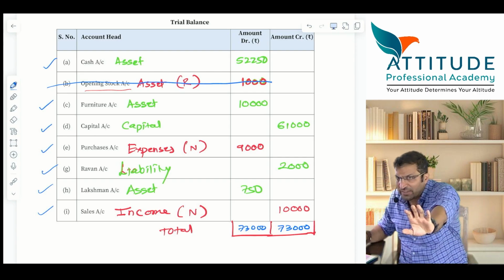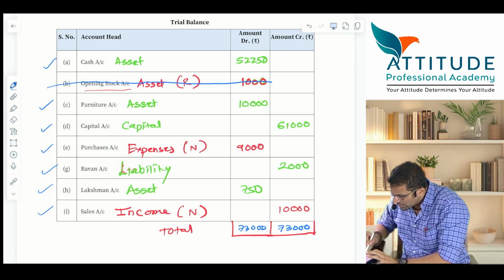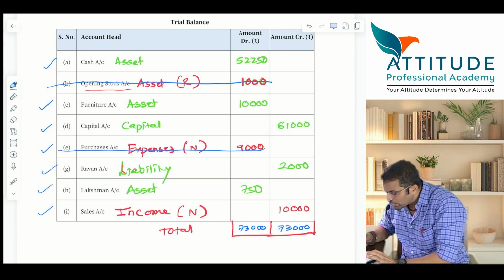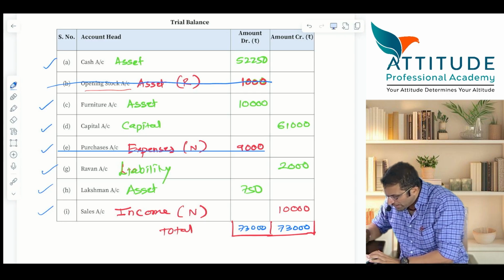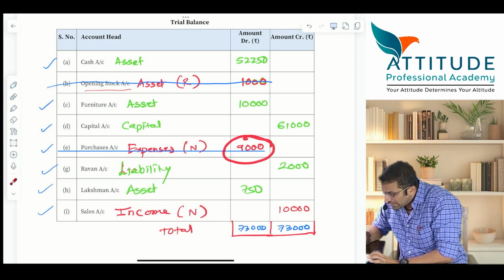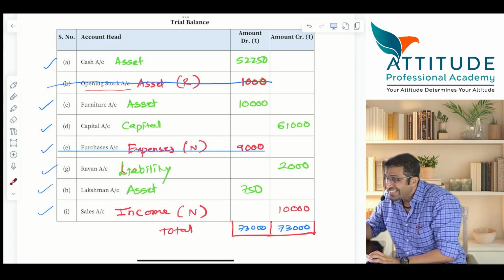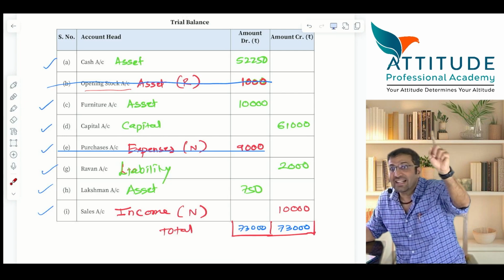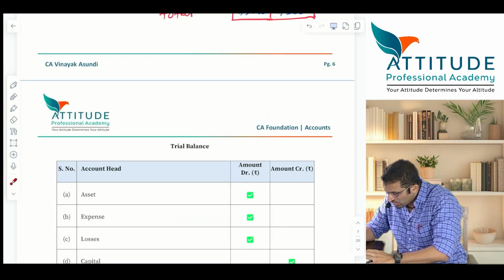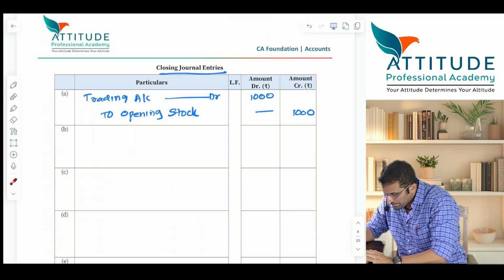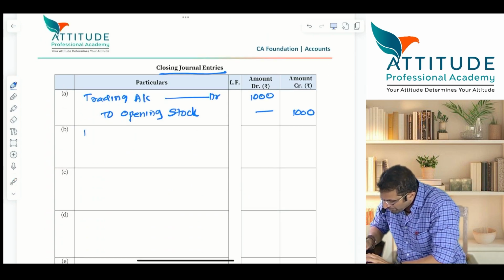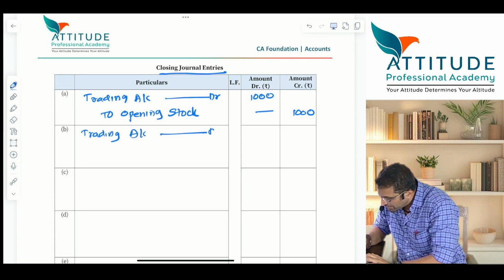Wait, I'll give you time to copy. Shall we close this purchase account? Tell me the entry. Purchase is showing what balance? Now if you want to close this purchase account, you should credit purchases and debit trading account. Trading account debit 9,000 to purchases.